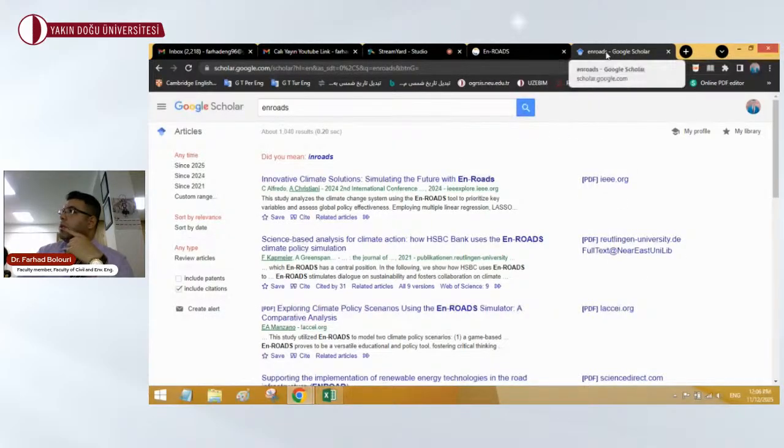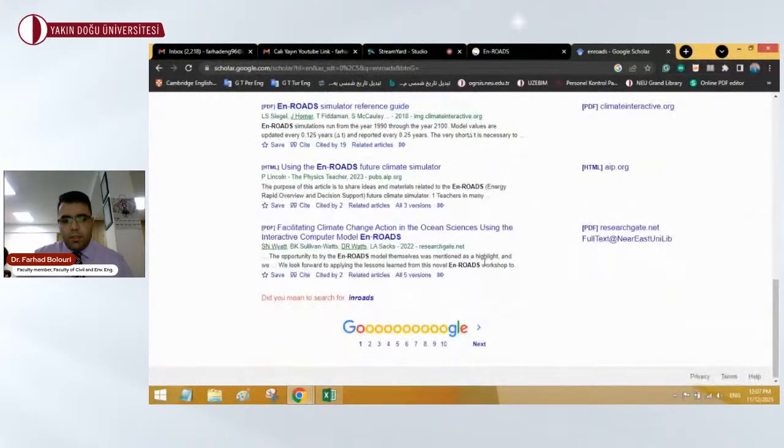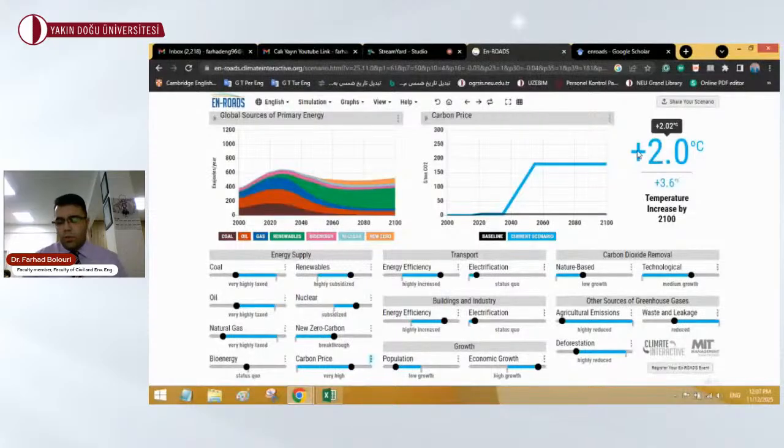If you write En-ROADS in Google Scholar and click, you will see papers like this. As you see, so many papers in recent years, especially from 2020, were written by using En-ROADS. So I want to mention that you can use this tool in your papers, as others do.